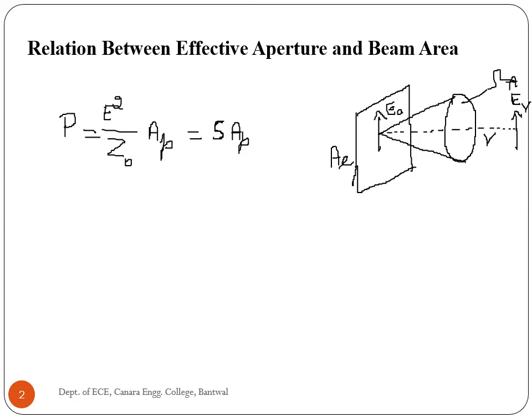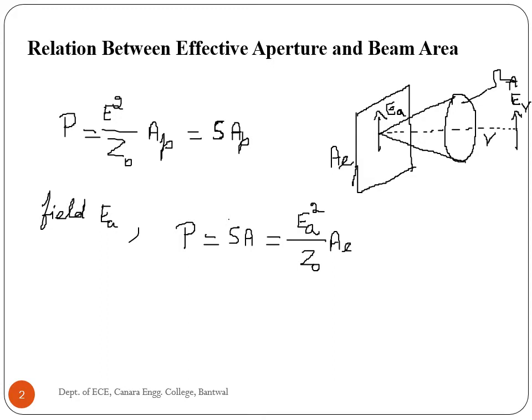Assuming a uniform field EA over the aperture, then the power radiated P is equal to S into AE, which is, when the field is EA, EA square divided by Z naught and AE. Equation 1.